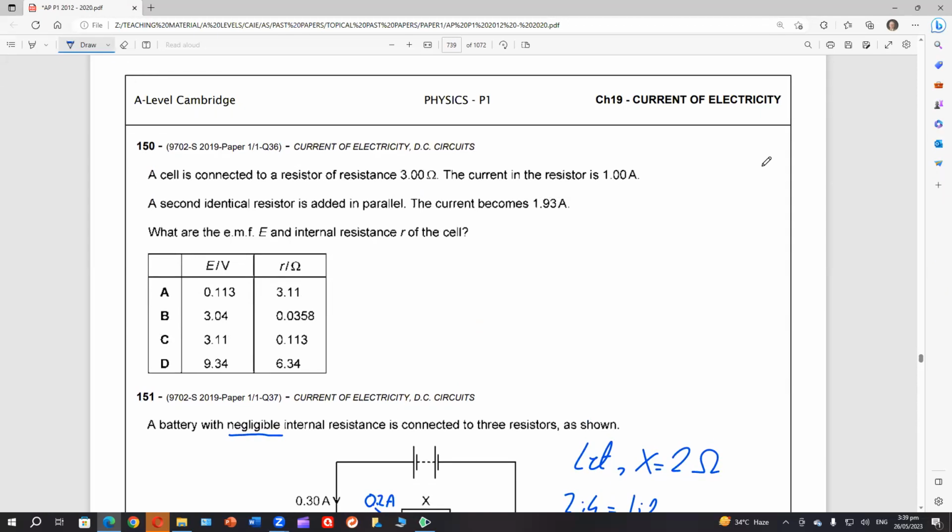A cell is connected to a resistor of resistance 3 ohm. The current in the resistor is 1 ampere. A second identical resistor is added in parallel. The current becomes 1.93. What are the EMF E and internal resistance r of the cell? In series, will it be the opposite? Like the resistance will increase the current? In series, greater the resistance, greater the voltage across the resistor, current is the same.